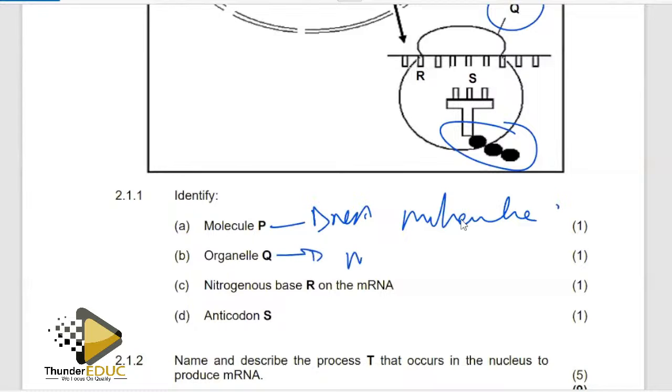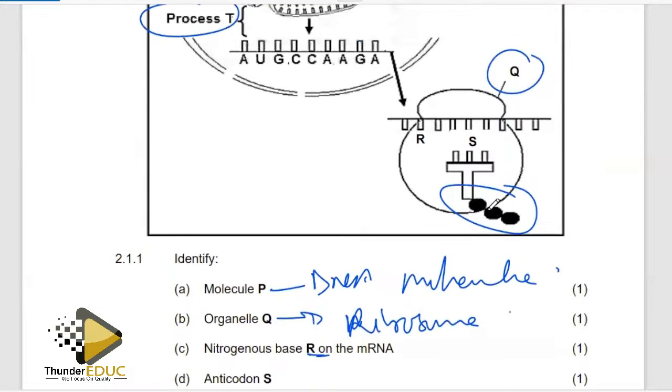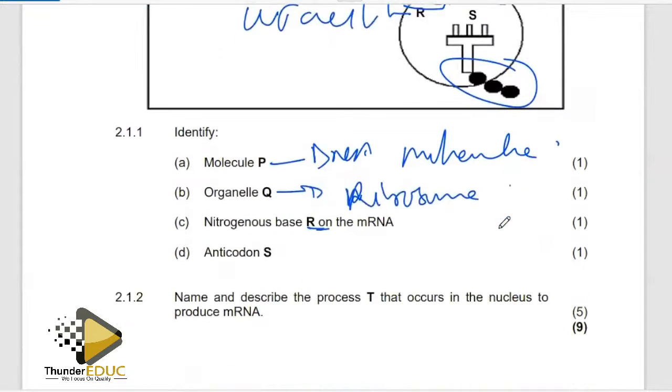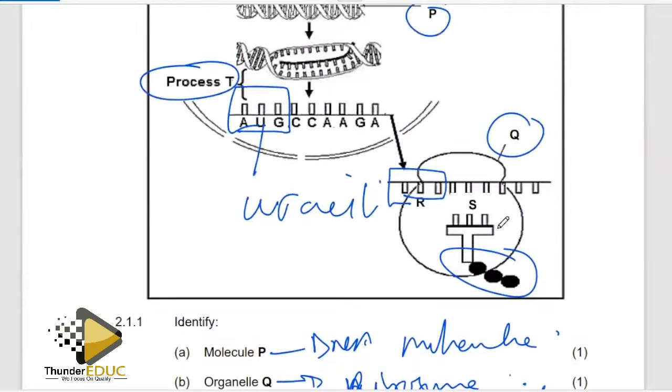Organelle Q is the ribosome. Nitrogenous base R on messenger RNA, if I'm counting from the first one, it means it's uracil. So nitrogenous base R is uracil. Anticodon S. Unfortunately, I might not know what S is here.